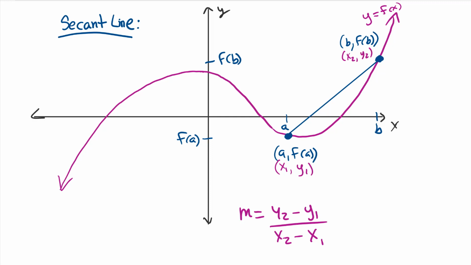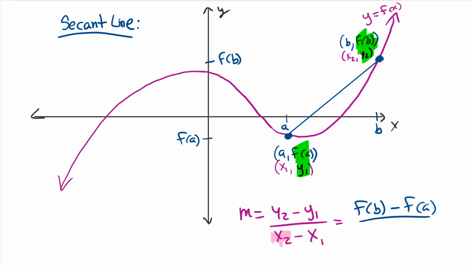So what ends up happening is we plug it in, and our formula is y2, and y2 is just f of b. Minus y1. Where's y1? y1's right here, so we're going to write in f of a. And then down below, we're going to write in our x2.